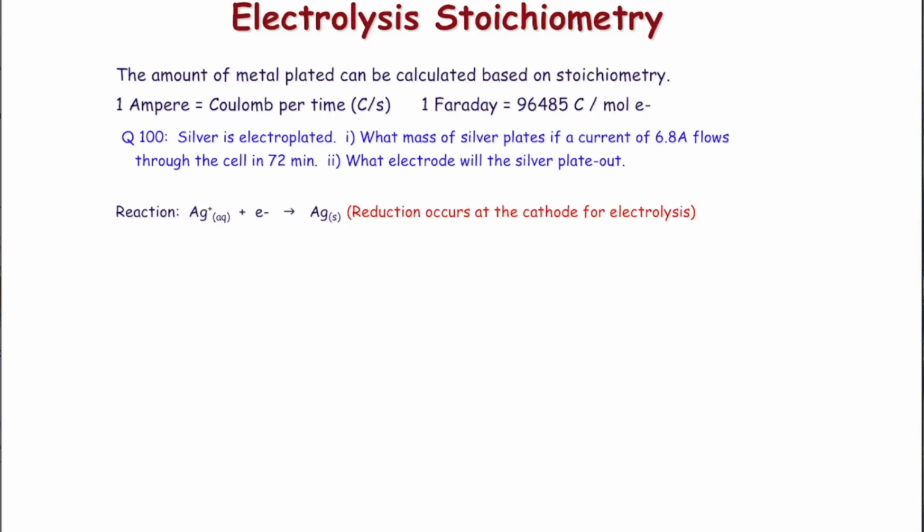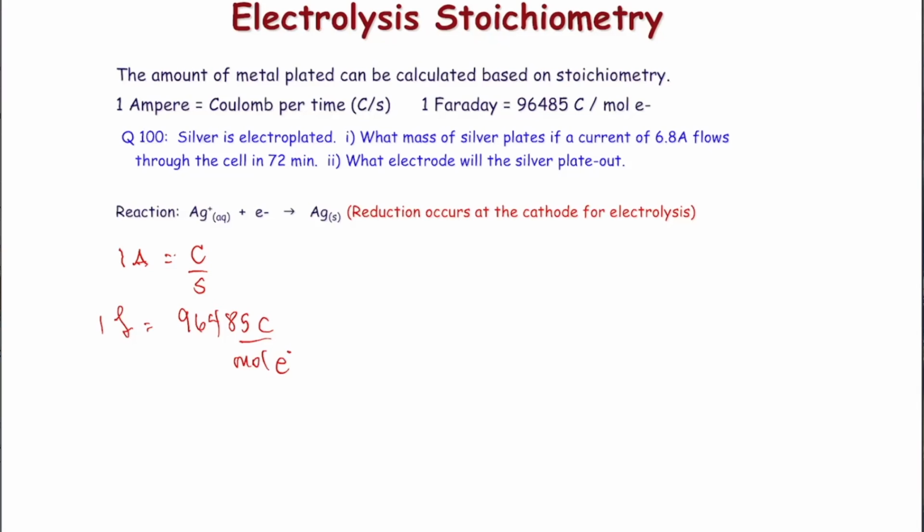And what you know is an ampere equals a coulomb per second. A Faraday is 96,485 coulombs per mole of electrons. Okay, those are the two things that you should know in terms of fundamental constants.